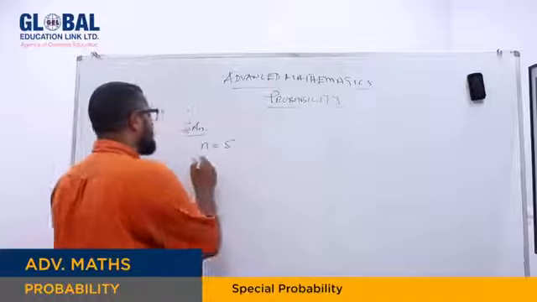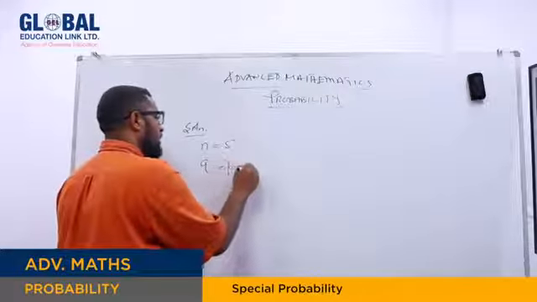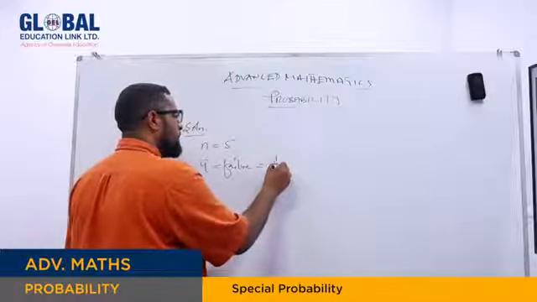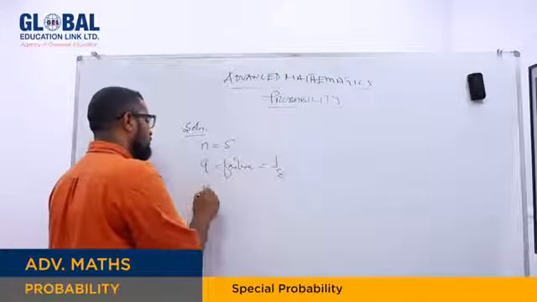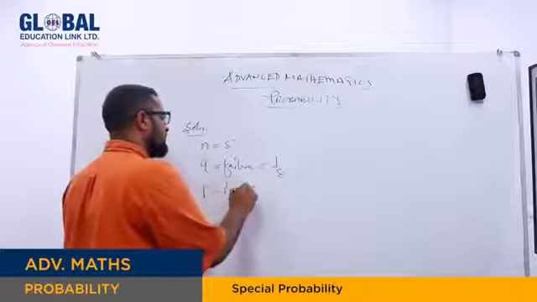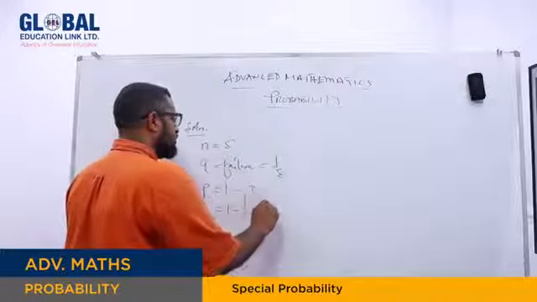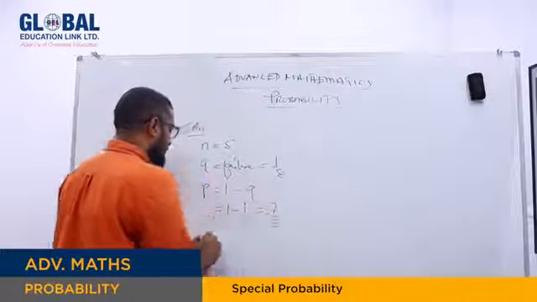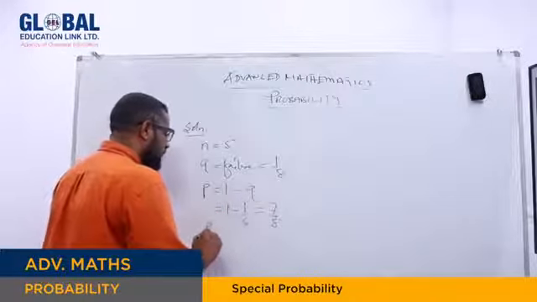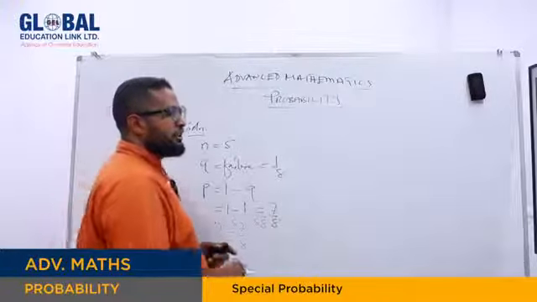So this is q, the probability of failure, equal to 1 over 8. Then how are you supposed to find the p? Hope you remember. The same as taking 1 minus the q. So it is 1 minus 1 over 8, which is equal to 7 over 8. So the probability of success is 7 over 8, my dear student.